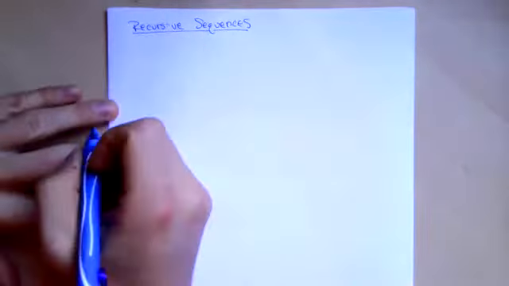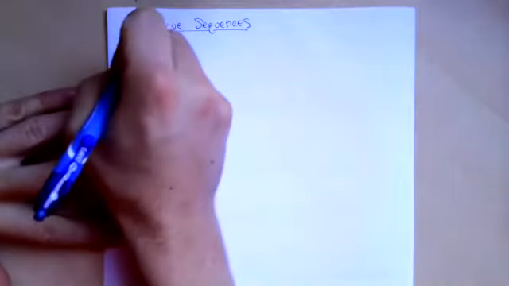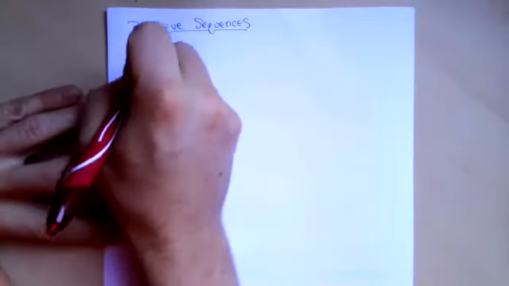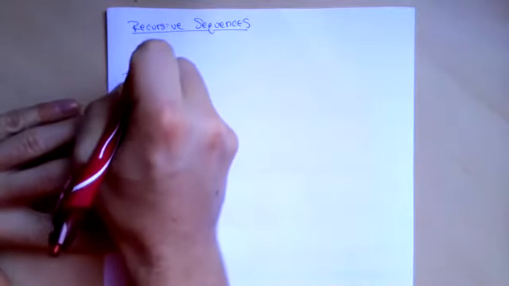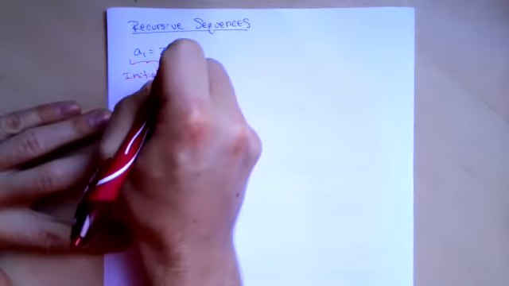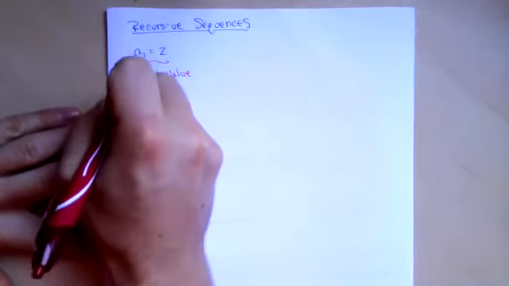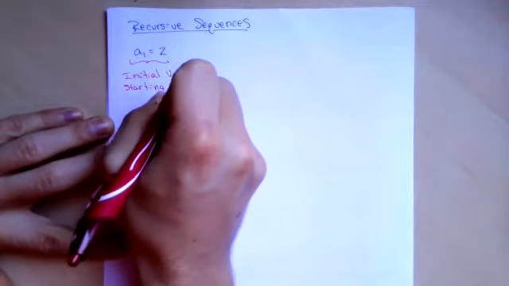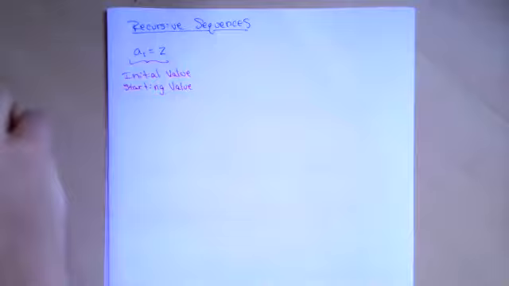So what is a recursive sequence? A recursive sequence always gives some sort of initial value, or you can call it a starting value, or a seeding value.